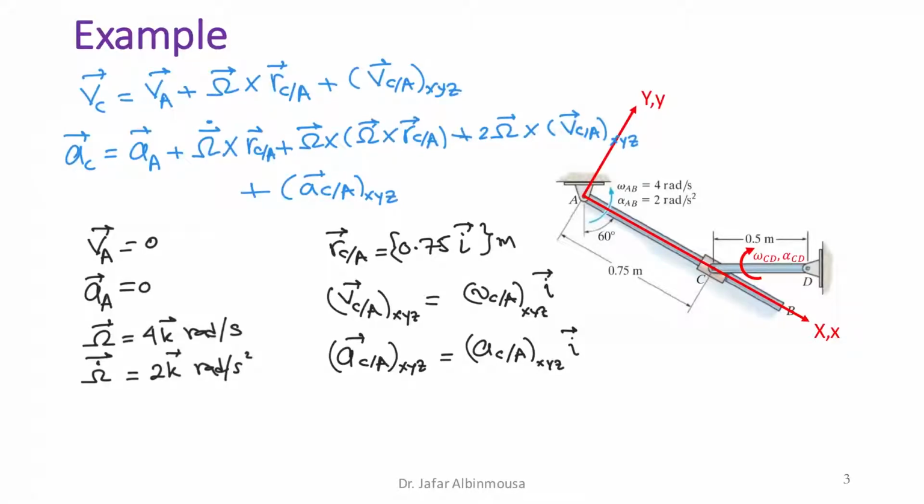Why? Because with respect to the local coordinate system, C is just translating along the i component. And also RC with respect to A is simply measured as 0.75, which is the length, and this component is i.